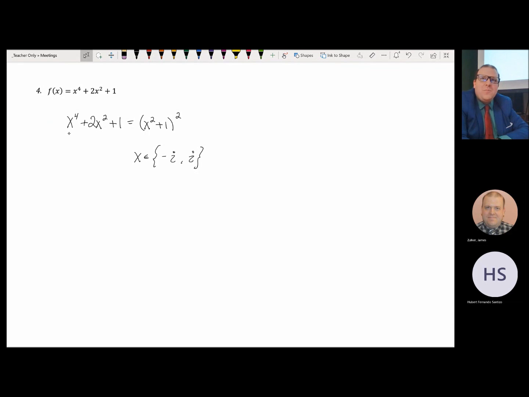Isn't this of the form a squared plus 2ab plus b squared? That's (a plus b) quantity squared. So (x squared plus 1) quantity squared is how that factors. So (x squared plus 1) squared equals 0 means x squared plus 1 equals 0. So what's x? x squared is -1, so x is plus or minus the root of -1, which is plus or minus i.